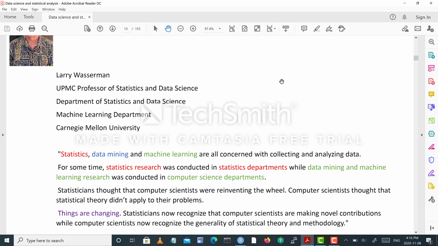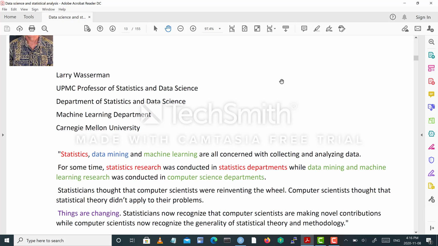For some time, statistics research was conducted in statistics departments, while data mining and machine learning research was conducted in computer science departments. Statisticians saw that computer scientists were reinventing the wheel.